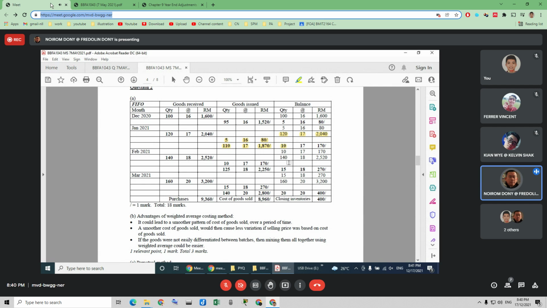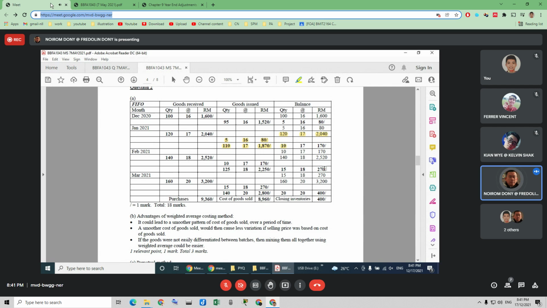This one comes from the second batch with 18 ringgit as the cost value. So 125 times 18, so 2,250. Then update your balance. 140, you minus 125, you have 15 left, and the cost price is 18. So 15 times 18 is 270.